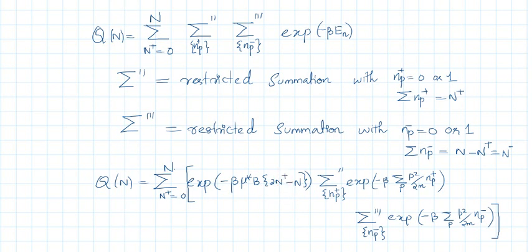This is actually N plus minus N minus, that becomes 2N plus minus N. Then sigma n_p plus exponential minus beta sigma p squared by 2m n_p plus, then sigma n_p minus exponential minus beta p squared by 2m n_p minus. Okay, there are a lot of sums, so don't get confused.